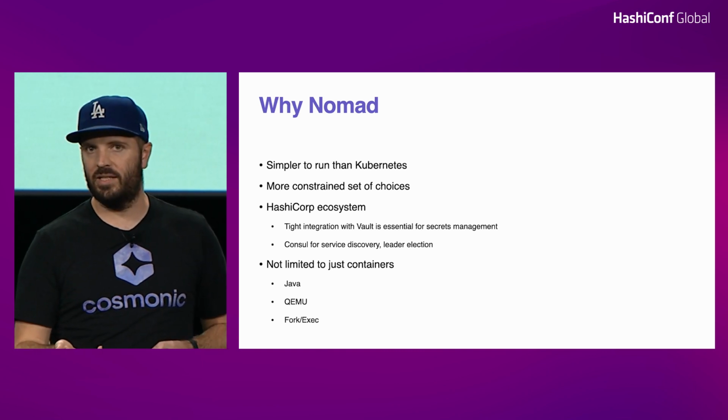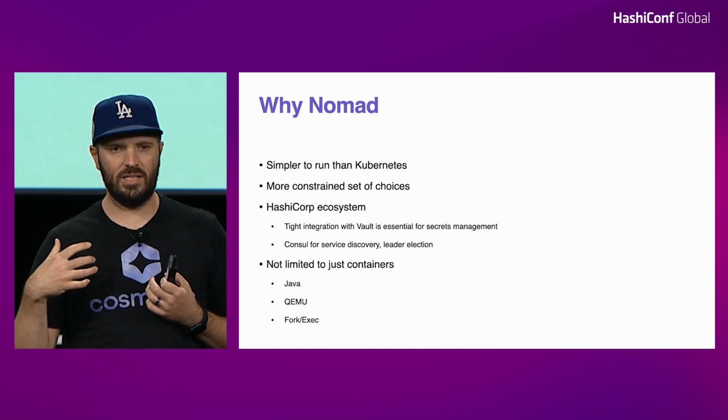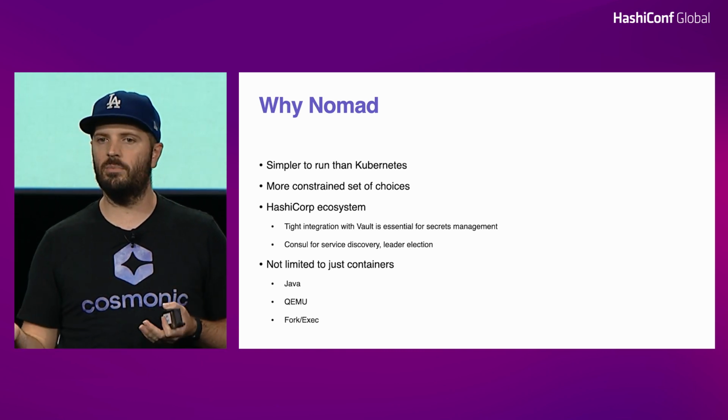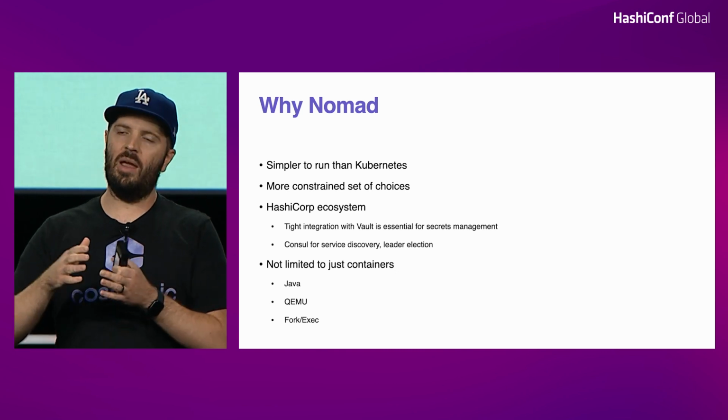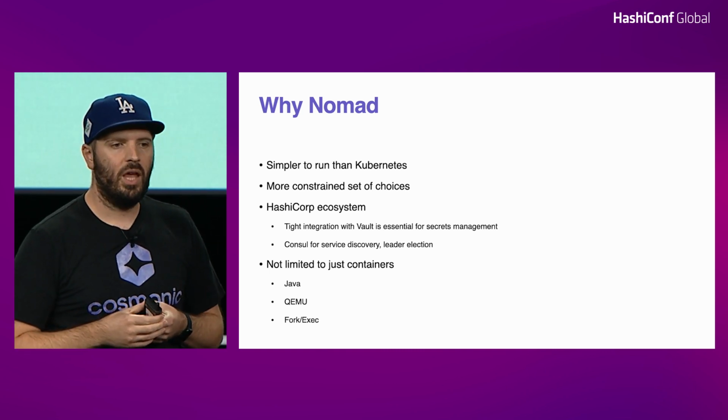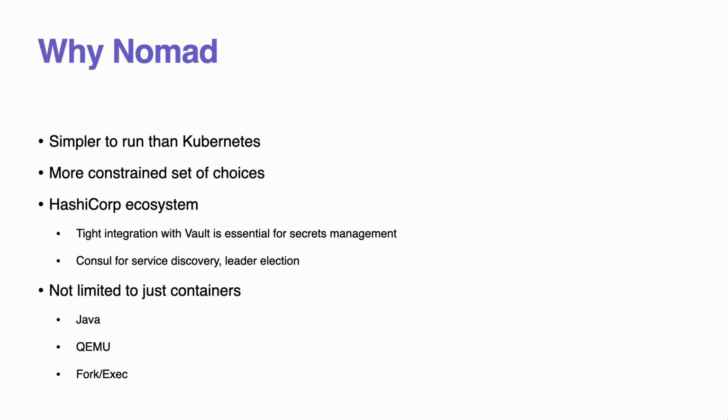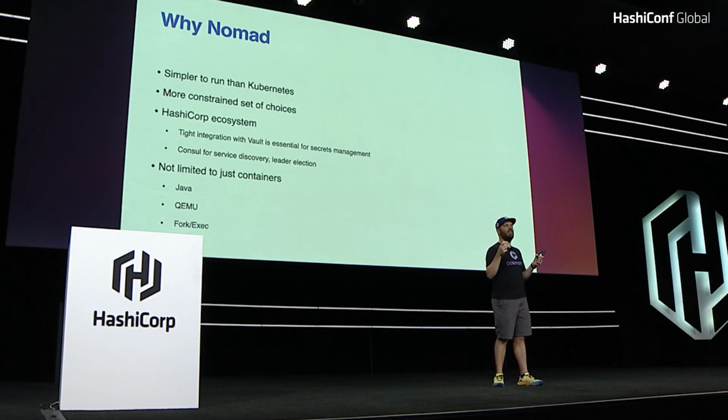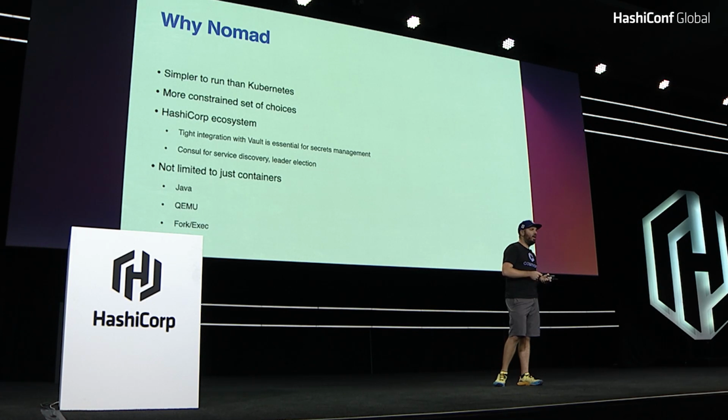That's what Nomad does. Nomad swallows a lot of this complexity and allows the setup to be very, very simple, and you're able to easily scale up in the future. And that's that constrained set of choices that I refer to in the bullet on the slide, is that you only have to pick the specific things you need instead of trying to swallow the world like you do with Kubernetes.